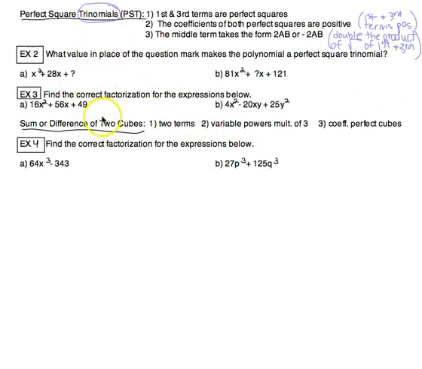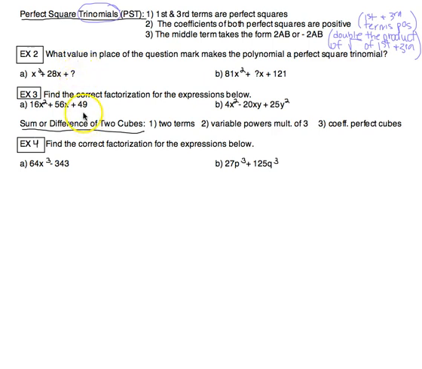So in this particular quiz, you're going to see some like example 2. I didn't want you to get thrown off by the weird question marks. Here, they're trying to get you to come up with the numbers and or letters that are going to make the polynomial a perfect square trinomial when you put it in place of the question mark. So this is just testing, can you make it meet these qualifications in my 1, 2, 3 list? For A, x squared plus 28x plus something.